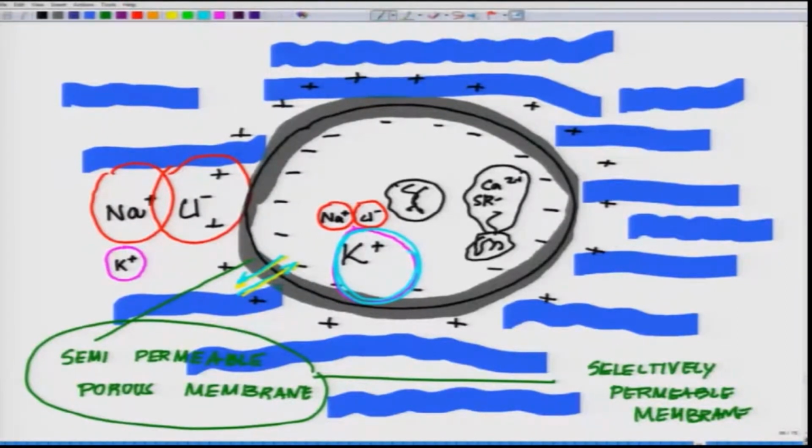Now, if I say so, that means the potassium ion concentration inside is higher as compared to the potassium ion concentration outside.